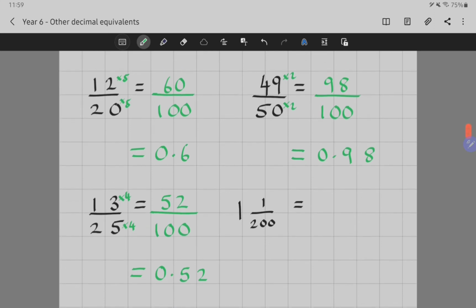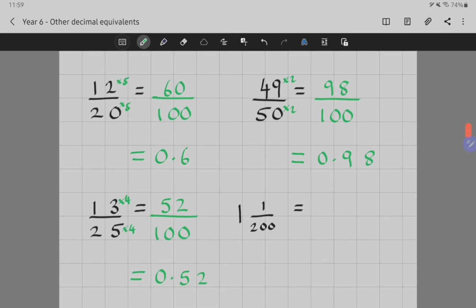Last one. Tricky is one of the 4. So 1 and 1 200th. Well, 1 is going to stay as the 1 whole. I'm not going to change it for now. 1 200th. What can I convert that into? Well, I can't divide it to make 100 because I can't make 1 any smaller. I'd end up with a decimal. So I'm going to turn my fraction into 1,000ths.